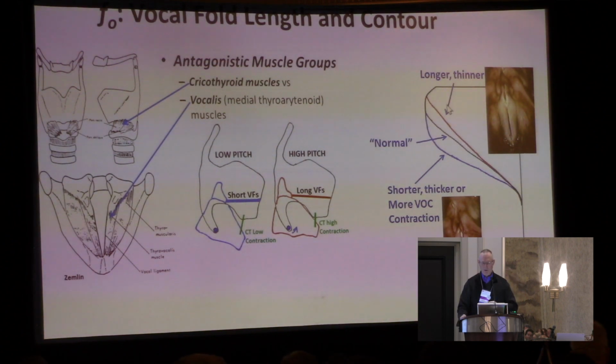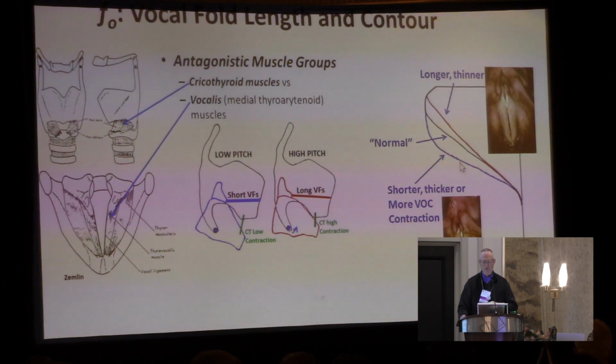So when you elongate the vocal folds, they become thinner if you look at any vertical area here. And the vertical aspect of the glottis also becomes thinner. In the falsetto that you just saw, at the very highest there, it's probably just 1 millimeter or so of the glottis vibrating.